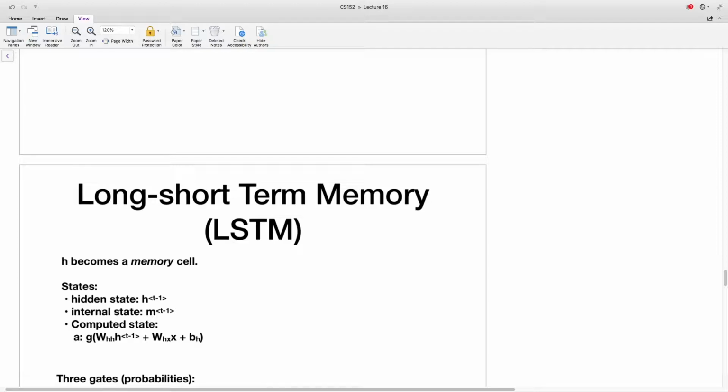The hidden state gets transformed each time, right? We go through a new computation of the hidden state based on the old hidden state and the new input, and we do a nonlinear activation, and then we do that again and again and again.